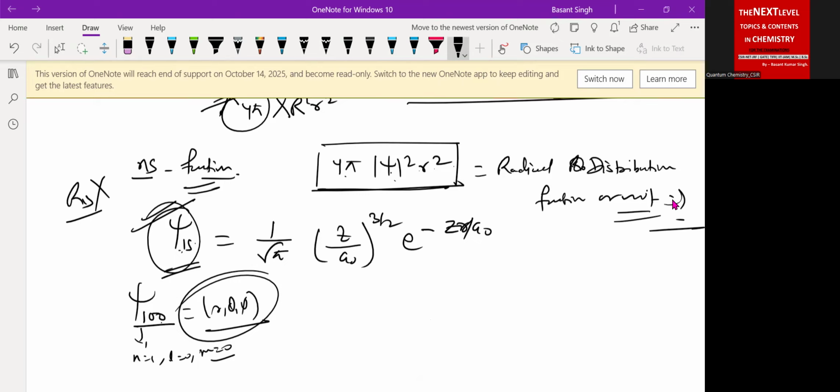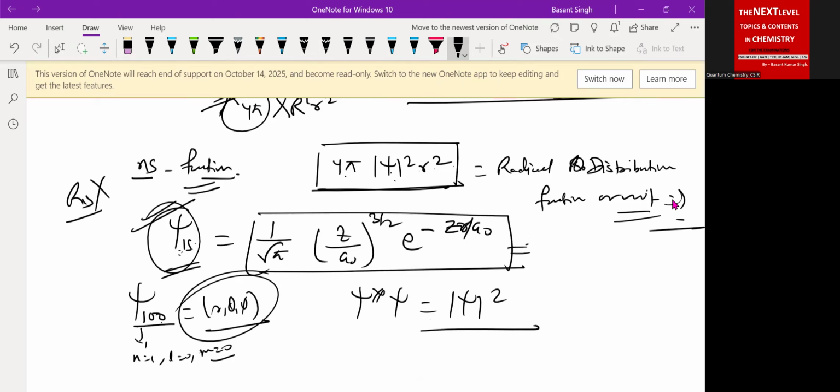This is your psi 1s function. Now what is psi 1s square? That is mod psi square. So psi star psi, this is mod psi square, and we see here that this is the real function. So this is simply psi square.